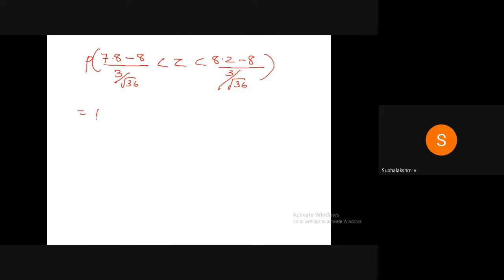This is a standard normal distribution, Z follows N(0,1).